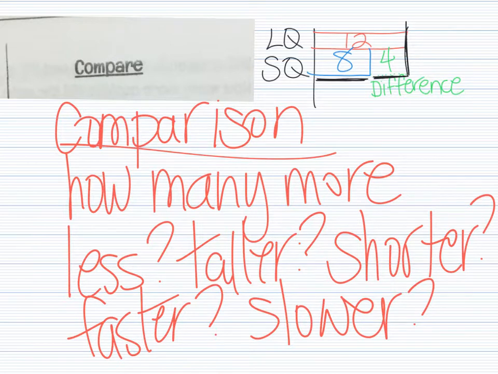Let's say, for example, the word problem was about a giraffe and a dog. The comparison would be something like how much taller is the giraffe than the dog?